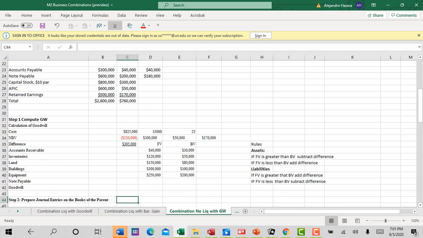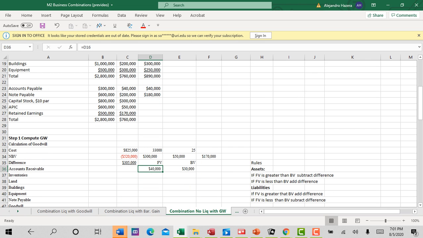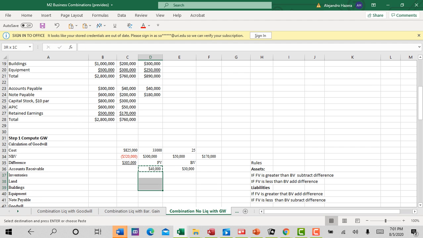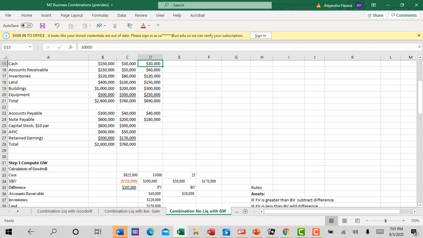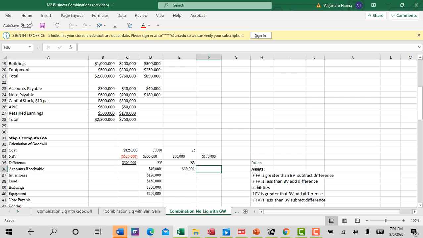Unfortunately, that was turned around. I'll erase, I guess, and start over again. Okay, so the fair value of accounts receivable is 40,000. I should be able to copy down. And so the fair values are all there: 40, 120, 150, 300, and 250.